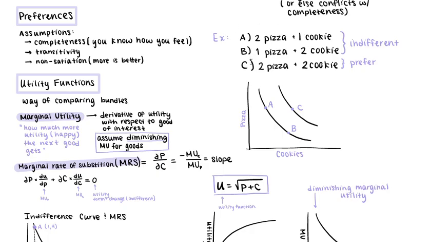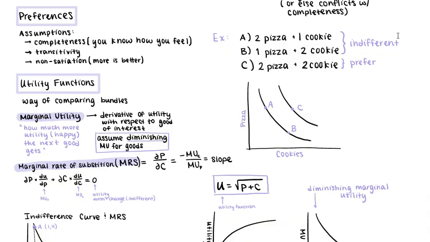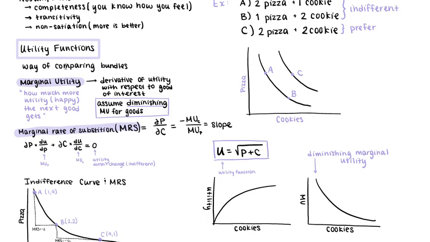Here is an example: on the same indifference curve, A and B, the consumer is indifferent between those two items, but C gives the consumer a higher utility. So the utility function is a way of comparing bundles. Two pizzas and one cookie is a bundle. Two pizzas and two cookies is also a bundle.